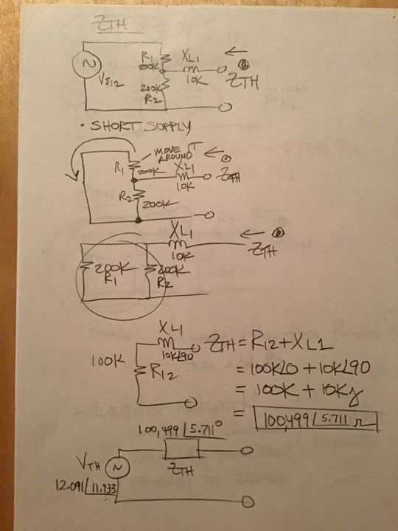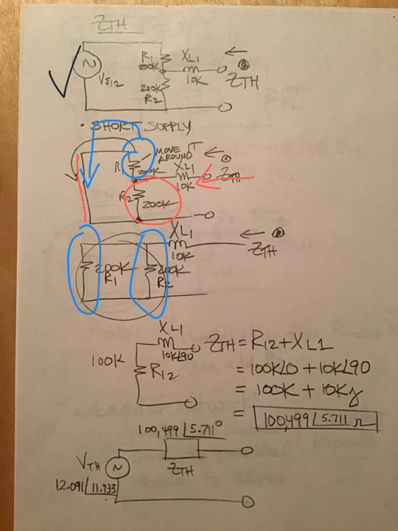Here's the continuation of that problem. Looking for Thevenin, we take the original circuit shown in black and we short the voltage source. And we look in. And what we see is 200K, and this 200K in blue, which can float down here and load up so that we have parallel. Now, do you know what Thevenin is?